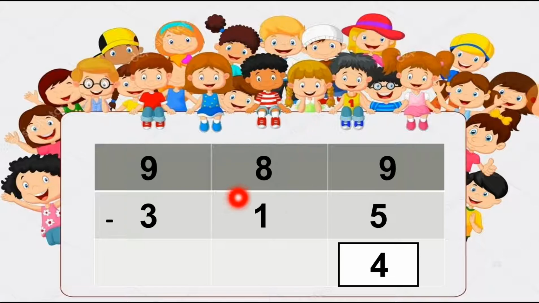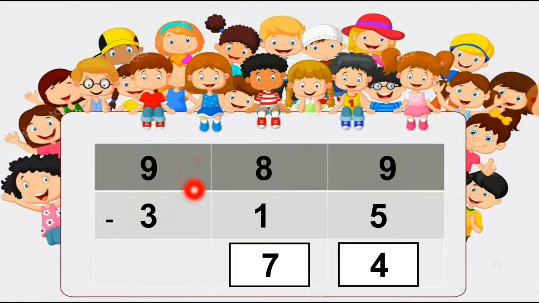Then the tens column. Here is 8 minus 1. Here you have to check whether the bigger number is at the top side or not. Yes, the bigger number is at the top side. Now 8 minus 1 is equal to 7, so the answer 7 will come here. Next one, 9 minus 3.